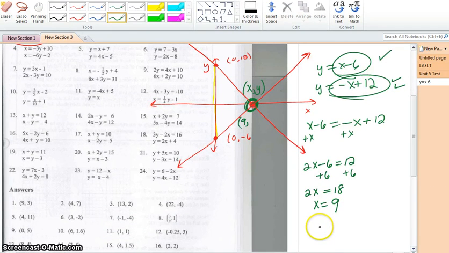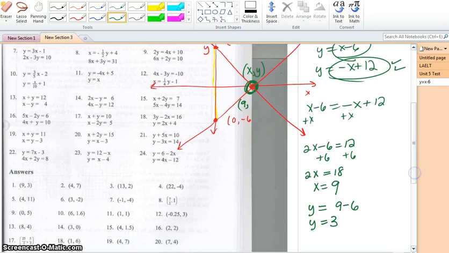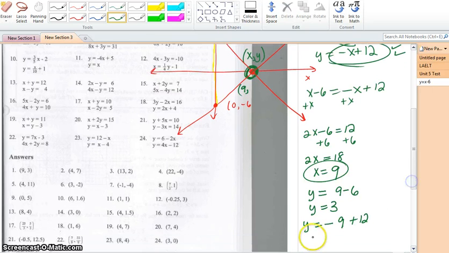If we know that x is 9, we can use it in place of x in either equation to find y. Y equals 3. Let's try it in the other equation. Y equals negative, substitute 9, plus 12. Y equals 3 no matter how we use it. So we have a solution of 9, 3.